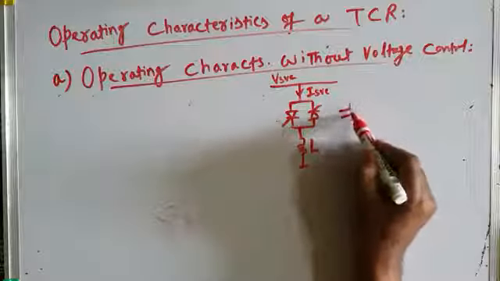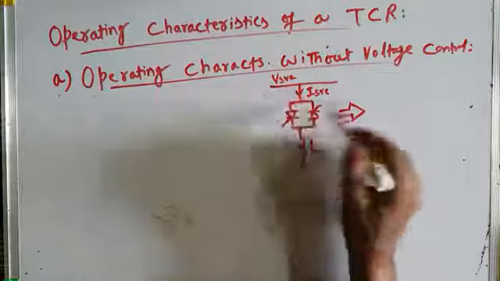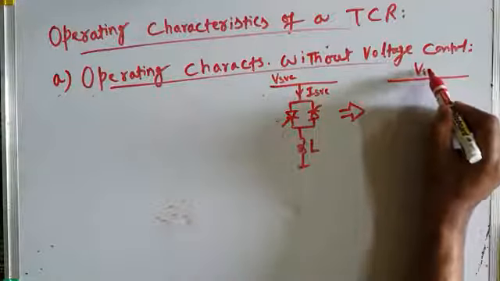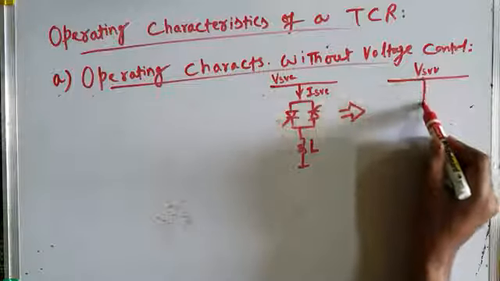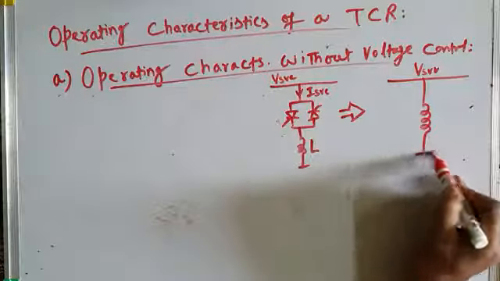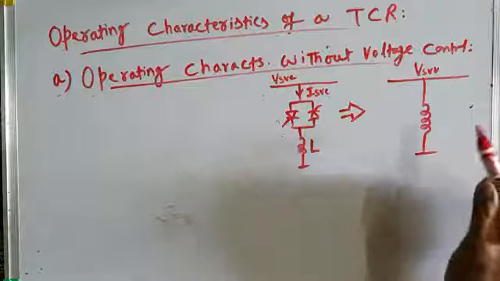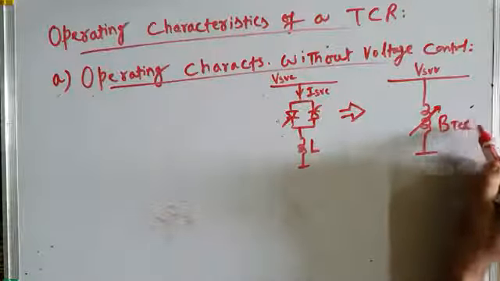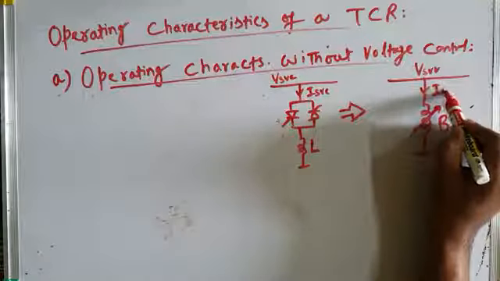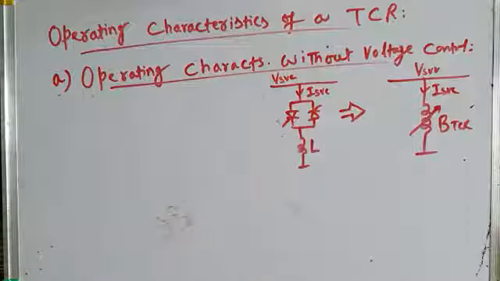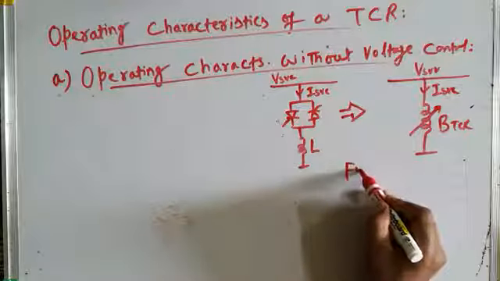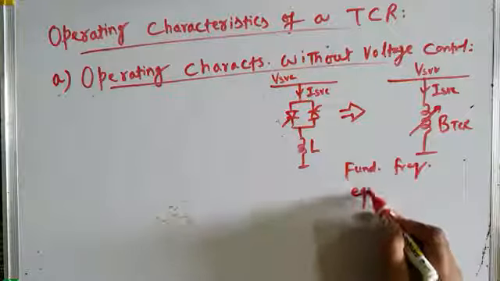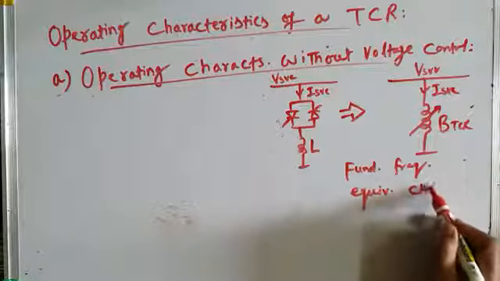Now, the fundamental frequency equivalent circuit of this TCR will look like this. Again, this is SVC voltage, VSVC, and the equivalent circuit at fundamental frequency will look like this. This is BTCR, and this is the TCR current or SVC current, ISVC. So this is the fundamental frequency equivalent circuit of TCR.